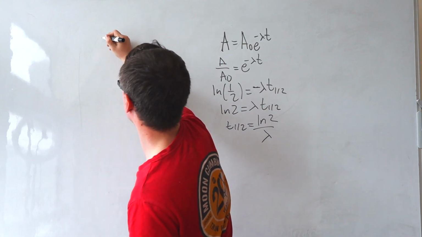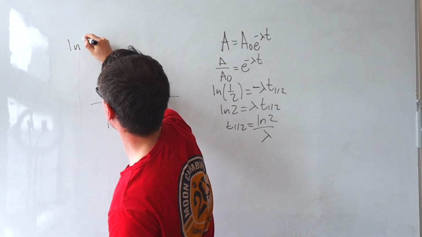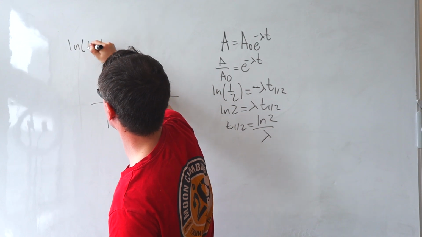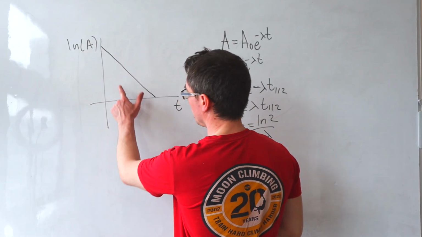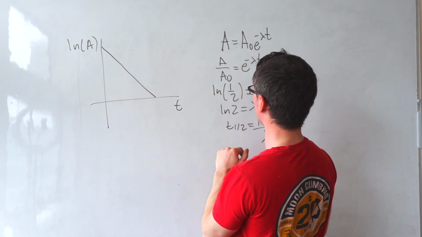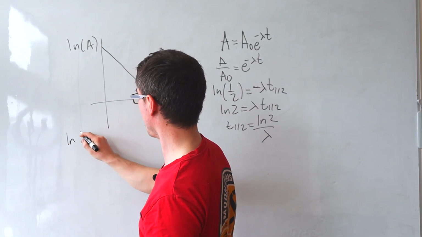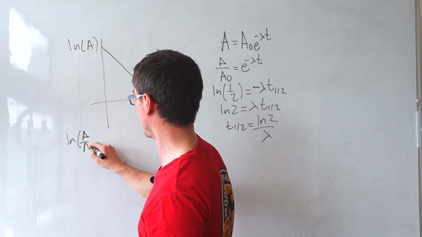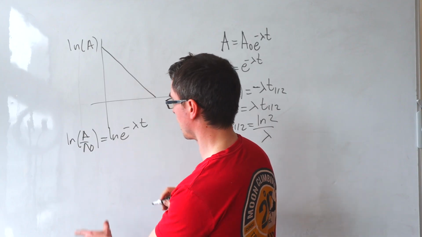Another graph that we very often get is the ln of the activity against time. This curve will typically have a negative gradient, and will look something like this. Let's perform a bit of y equals mx plus c analysis starting from this. So ln of A over A naught is equal to ln of e to the minus lambda t.